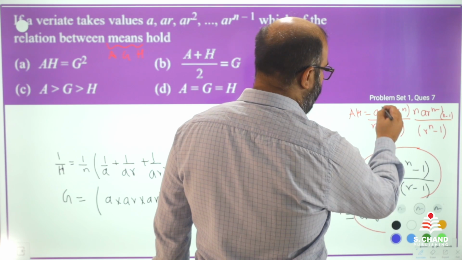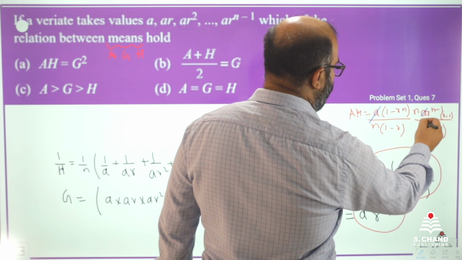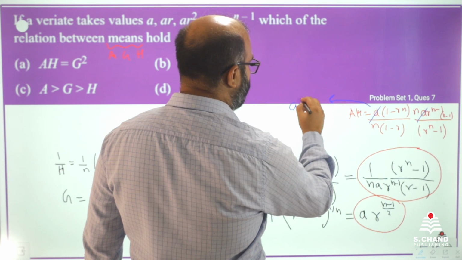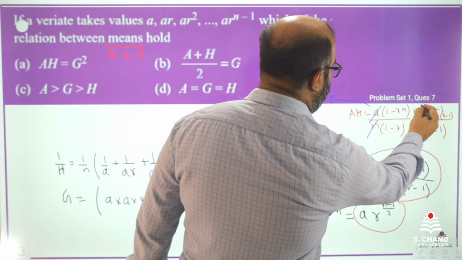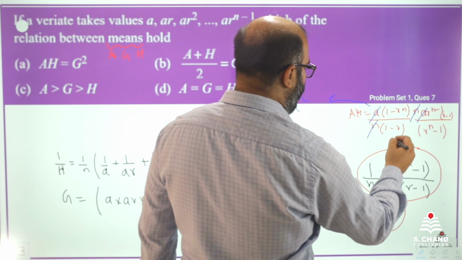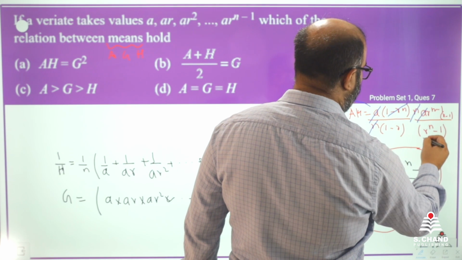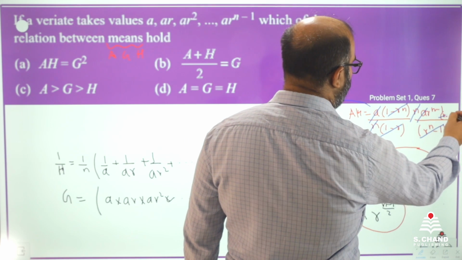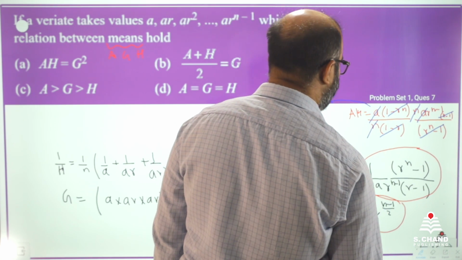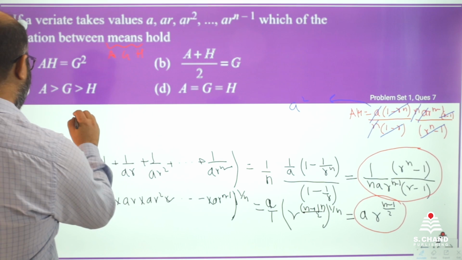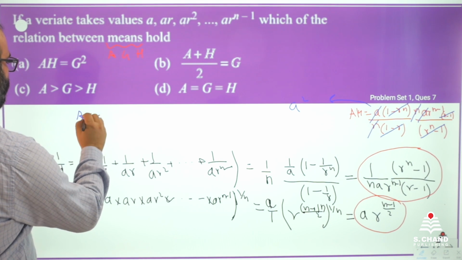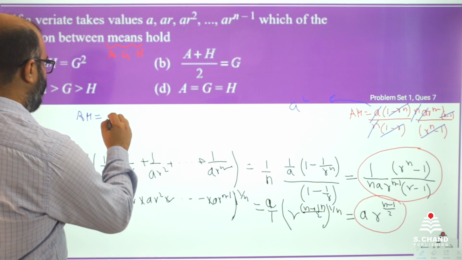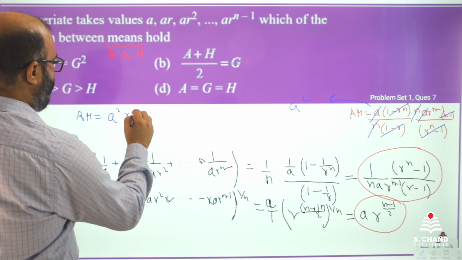And 1 minus R to the power N and R to the power N minus 1 will become minus 1, and 1 minus R into R minus 1 will be minus 1, so it will be plus 1. So you can say that A into H is equal to A square into R to the power N minus 1.